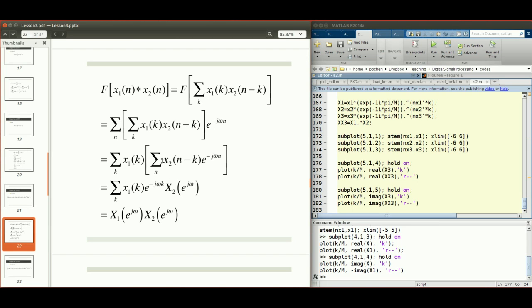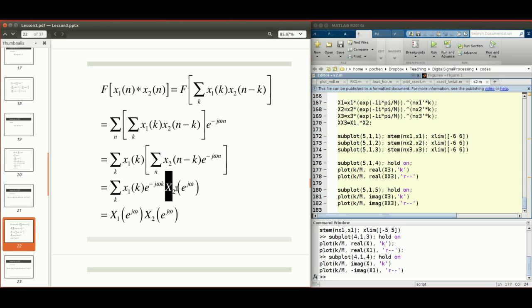The Fourier transform of shifted x2 equals big X2(e^j omega) times e to the minus j omega k, where k is the amount of shift. We are using the time shifting property of the Fourier transform here.